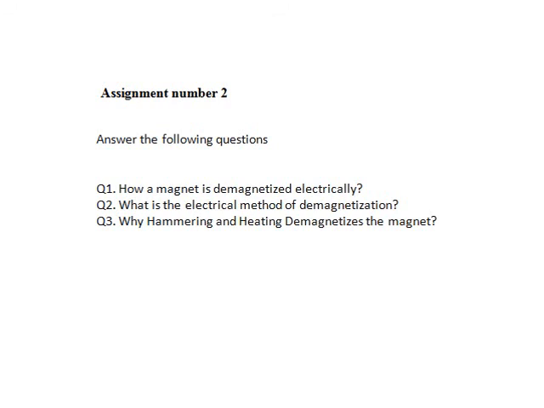Now in the first two questions you have to write the electrical method of magnetization as well as demagnetization. Just mention the following points. In demagnetization you have to use AC current and then remove the magnet from the solenoid slowly, multiple times. By repeating this process, the magnet will not be a magnet anymore.